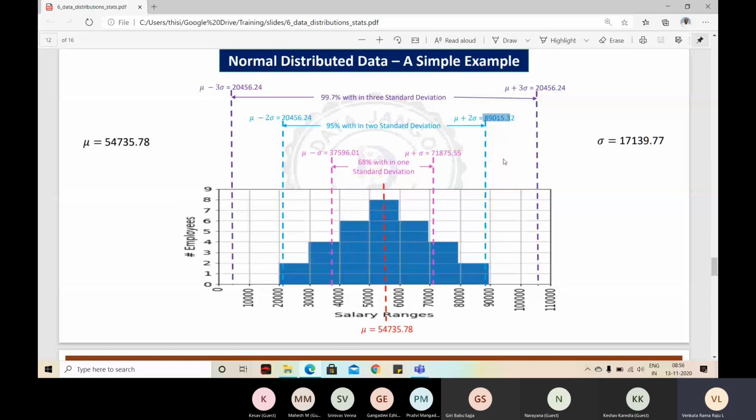Out of 30, maybe 27 or 28 people will fall in this range, and only 2 to 3 people will fall outside. Within 3 standard deviations, 99.7%. Even though it is forming a bell curve, it is not exactly a normal distribution, but we can still use the 3 sigma rule to assess what is happening.